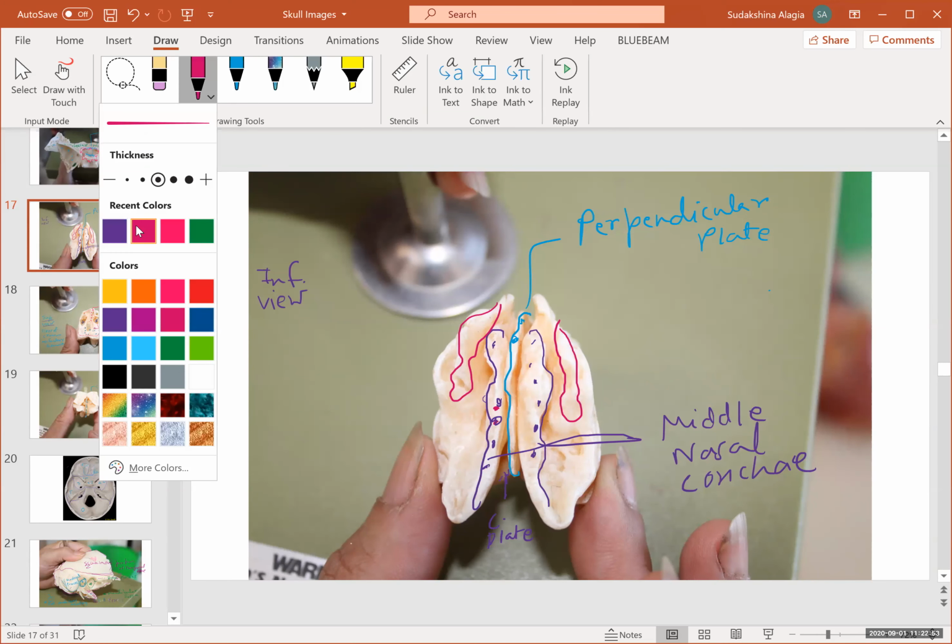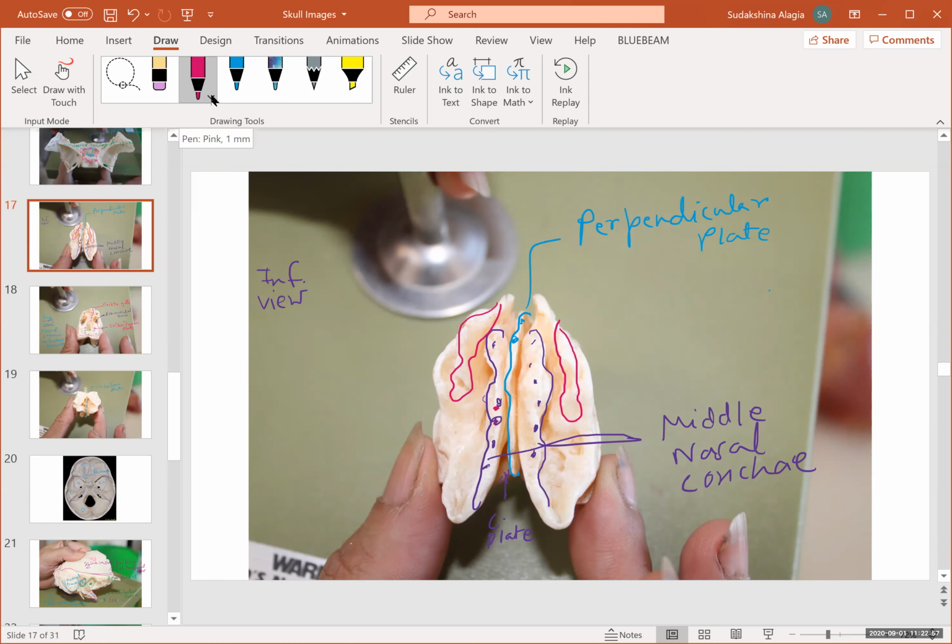So in relation to this middle nasal concha, that's why you first identify the perpendicular plate exactly in the middle. Next to that, the middle nasal concha. Superior to that, these two, the superior nasal concha.